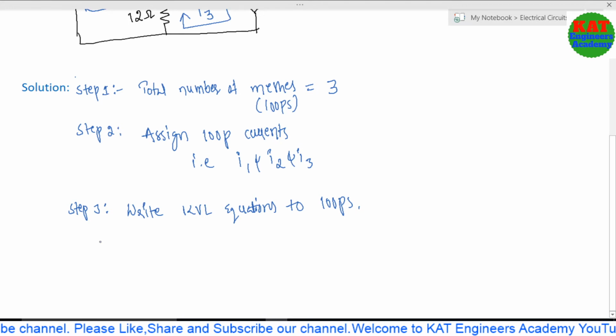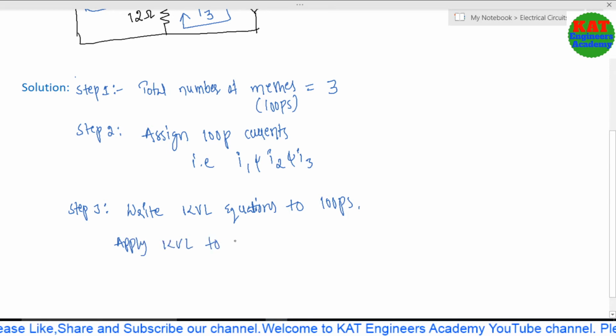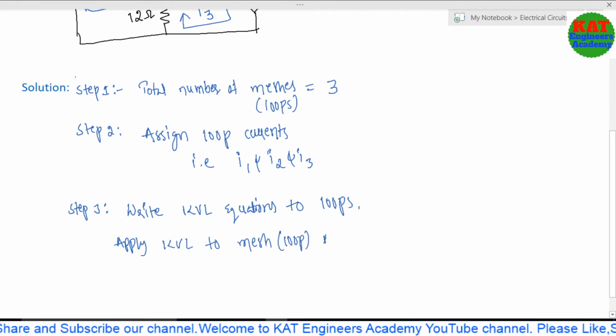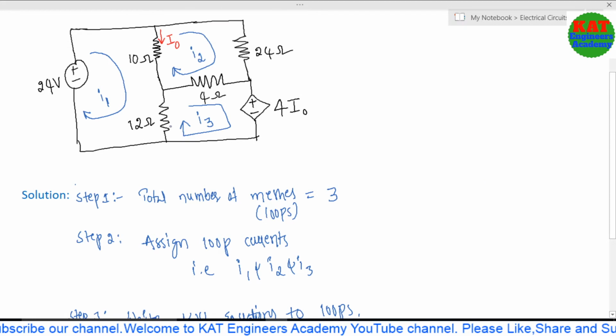How many loops do we have? 3 loops. So apply KVL to mesh or loop 1. Small I1 is considered as loop 1.